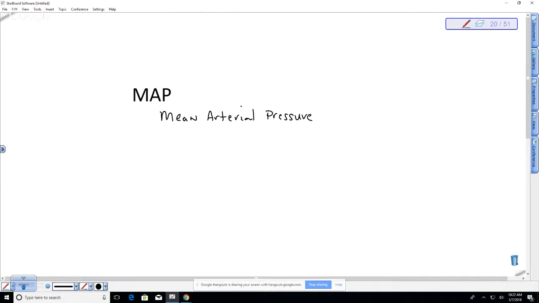And so we can calculate MAP as being the diastolic pressure. So MAP equals the diastolic pressure plus the pulse pressure divided by 3. Okay.